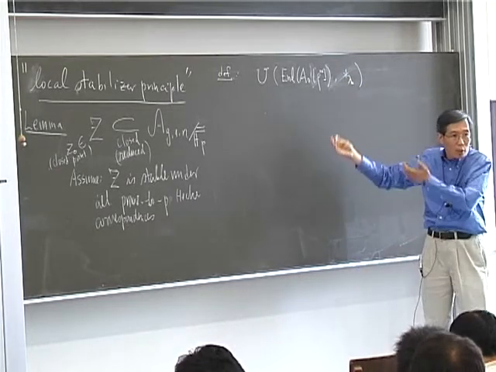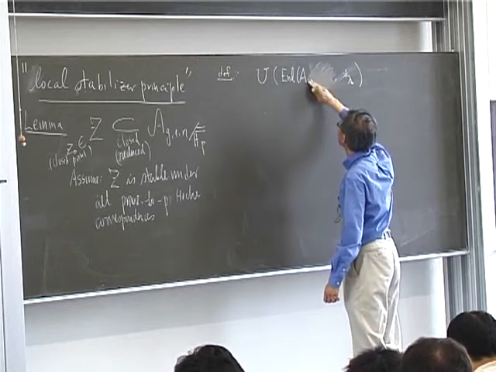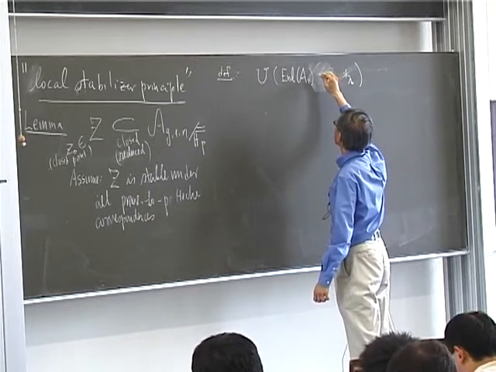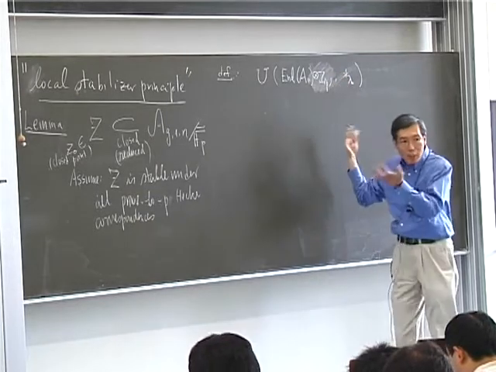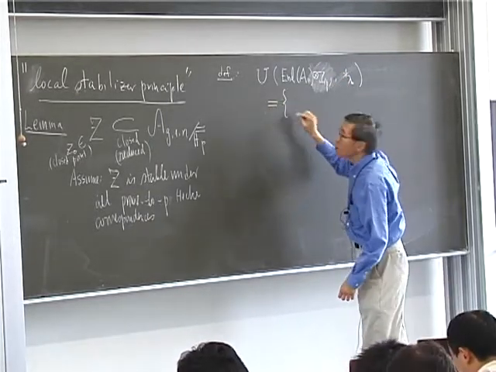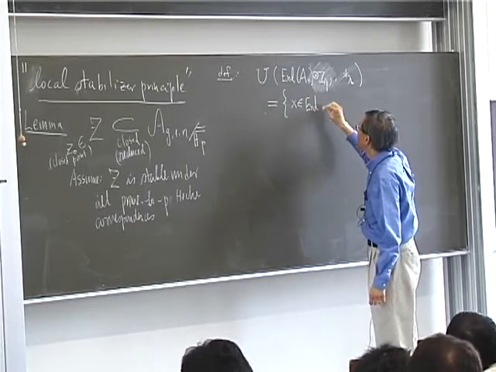Okay. So what is this? Cancel this. What it is that I'm just looking at all elements X, which have this form.